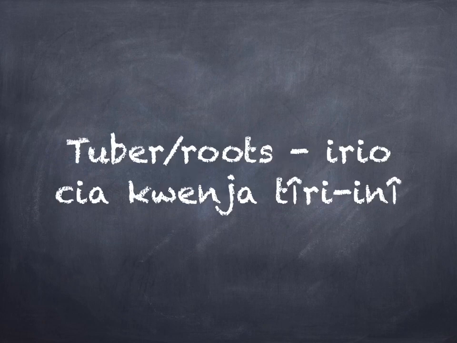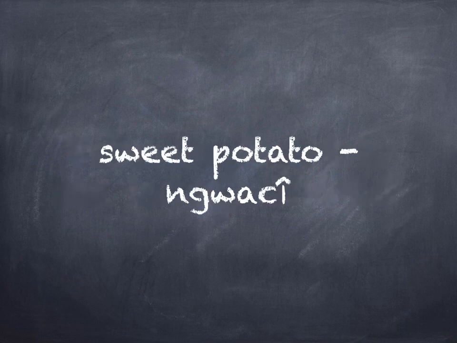Another type of food is that of tuber, which in Kikuyu we call irio siakweja terine, which is loosely translated as food that is dug from the ground. And these include sweet potatoes as guase.